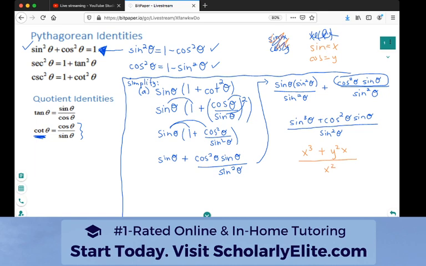So how would we reduce this in this scenario? Well, I would factor out x by dividing it off of both of these. So I'm going to be left with x, and then in the brackets I'll have x squared plus y squared, and then here I have this, and then this is going to help me reduce, okay? If you're following along, I'll give you an extra second to copy that down, and then we're going to keep on trucking.